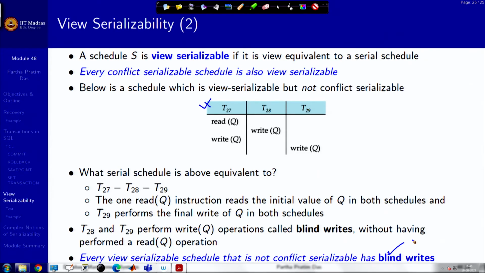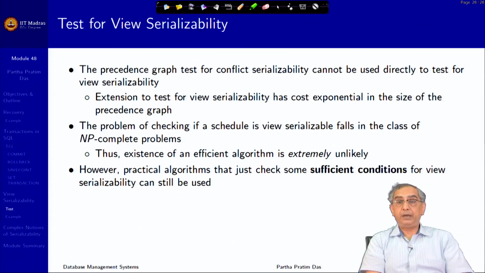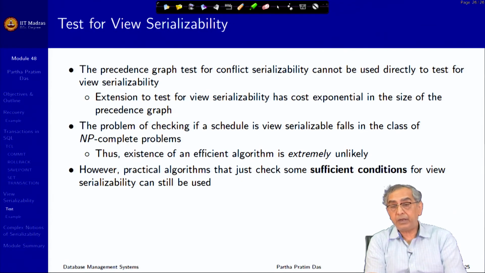Any schedule which is conflict serializable is necessarily view serializable, because view serializability is a weaker condition, and any schedule which is not conflict serializable yet view serializable must have blind writes. So, if we use view serializability, more concurrent schedules will be possible to be view serializable.